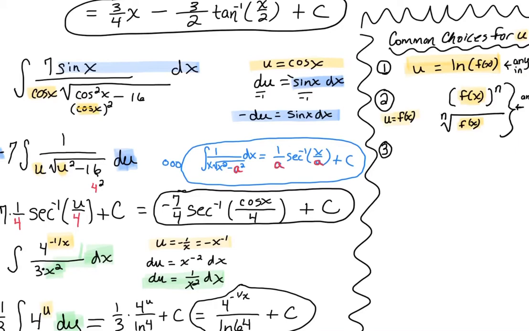But another one that we saw had to do with maybe some sort of numerator function, where anything could be happening in the numerator, and then just a denominator. Maybe that denominator isn't being raised to an outer power, but this idea is of letting u equal the entire denominator.